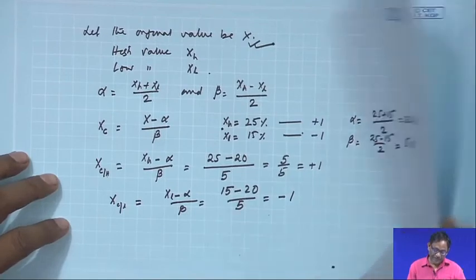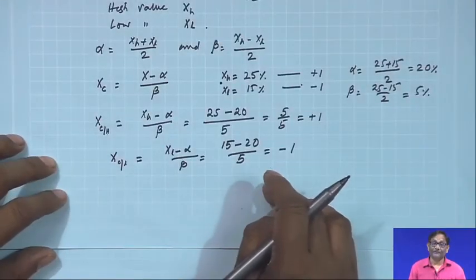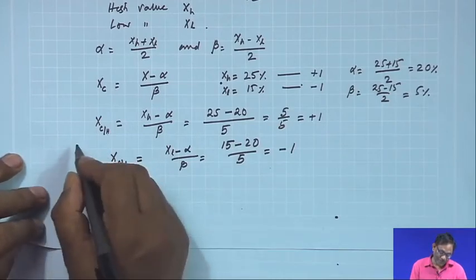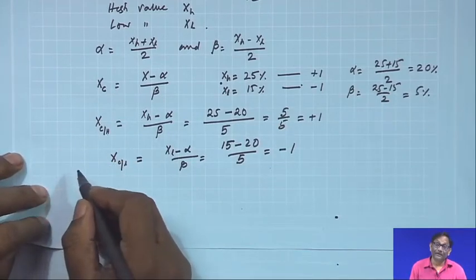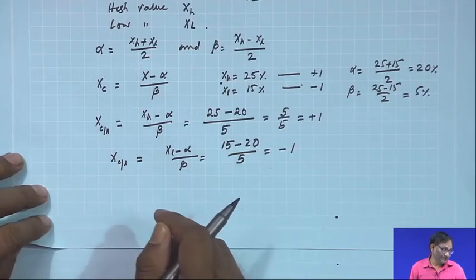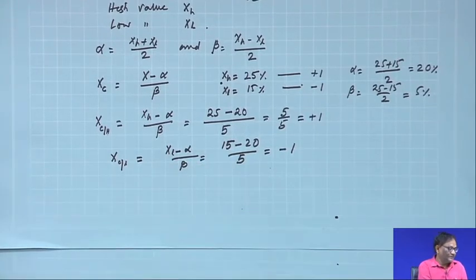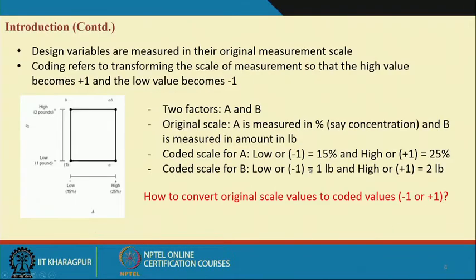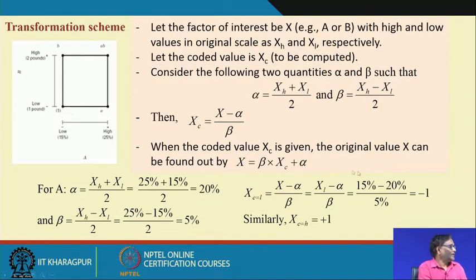So, if you do it in the same manner for the other factor, like your factor B, you will be able to do it. So, let us see what we have done here. For A, alpha, beta, and for x low this is -1, similarly x high it is +1.